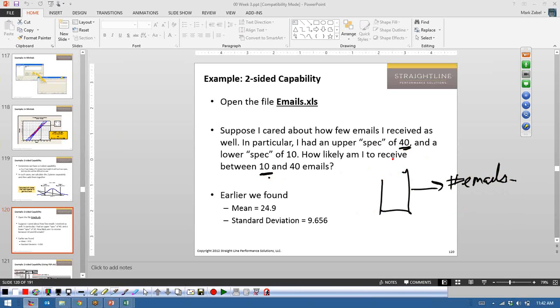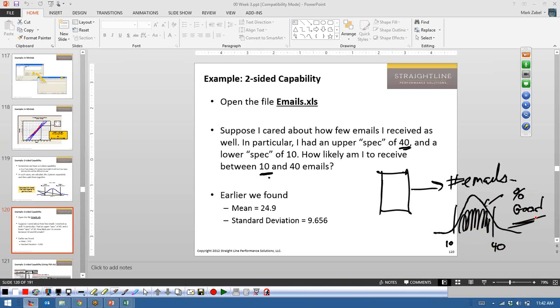Because if I have less than 10, then nobody loves me and they're not sending me emails. I wish. Okay. So in this case, I don't want it to be any more than 40, but I don't want it to be any less than 10. So I'm interested in all the area in between there. That's my percent good.